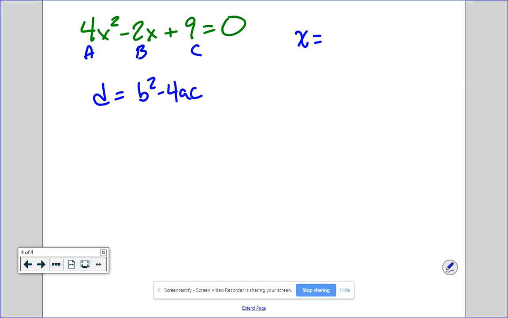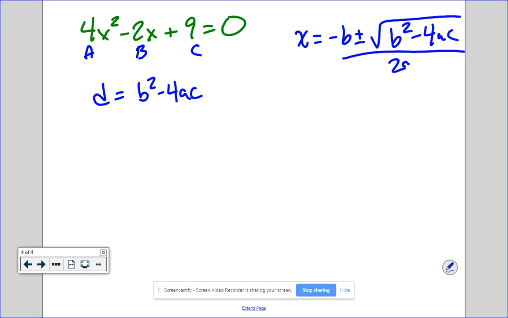It's the part underneath the radical in the quadratic formula. And again, you are expected to know that. If you're taking the ACT this weekend, you also are expected to know that. So it's a good habit to get yourself in just knowing that formula.